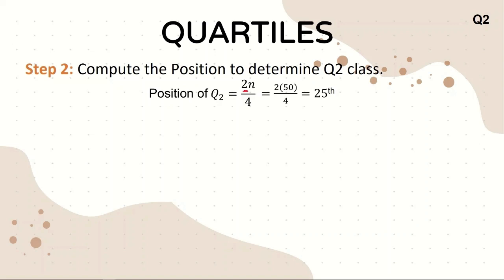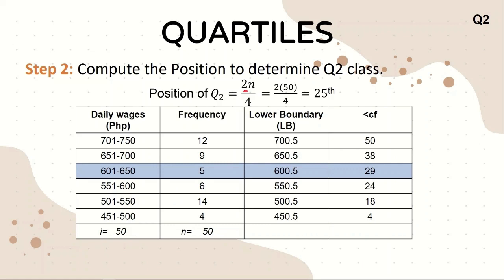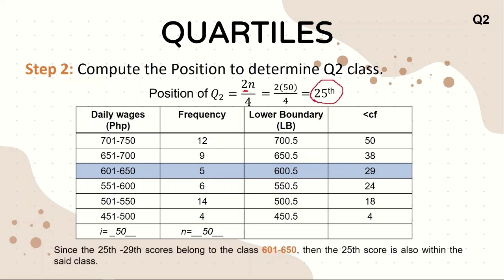This means we need to find the class interval where the 25th score is contained. Since the 25th to 29th scores belong to the class interval 601 to 650, the 25th score is also within the said class interval.